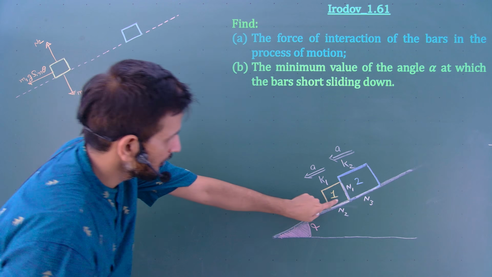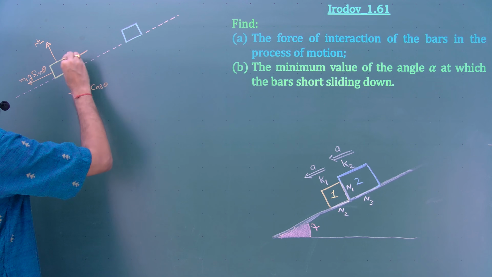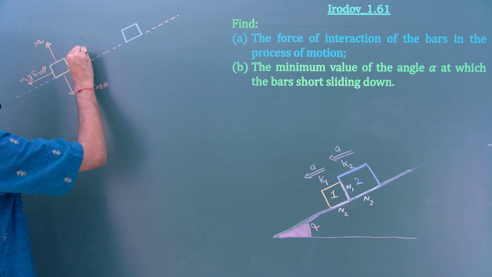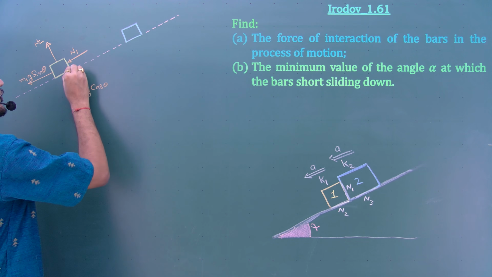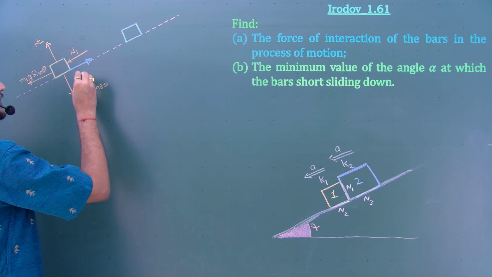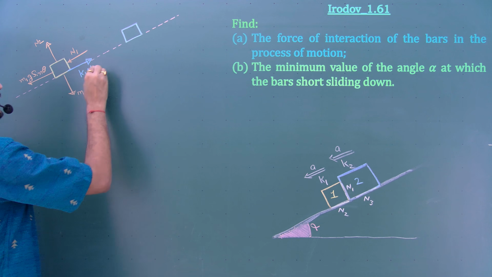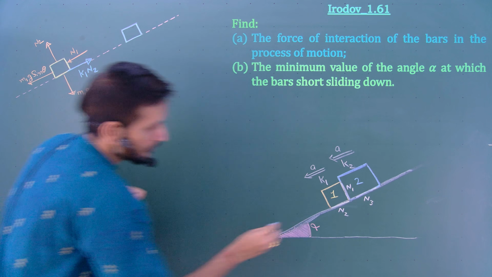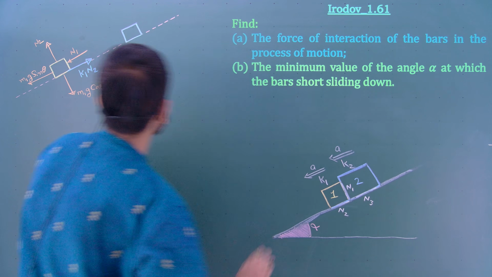There is a normal on block 1 by block 2 in the down the plane direction, and when this block moves down the plane, the friction force will act in the up the plane direction, and it is equal to k1 into N2. The normal must be N2 because friction is acting on this surface.